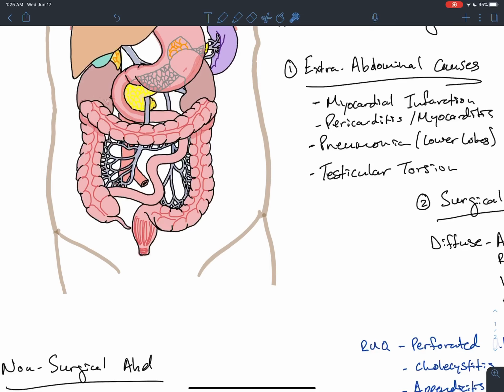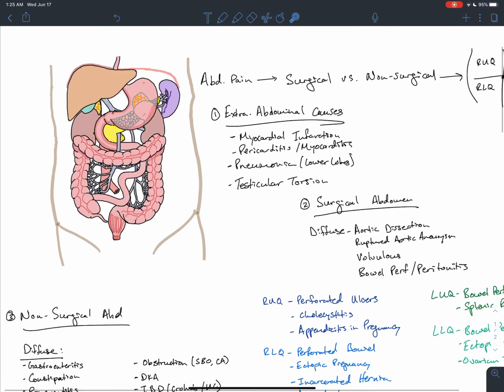So it's going to be important with somebody with right lower quadrant abdominal pain to evaluate if it's the appendix, because that's something that can be a surgical emergency. There are some studies that show that IV antibiotics can be just as good as surgery.